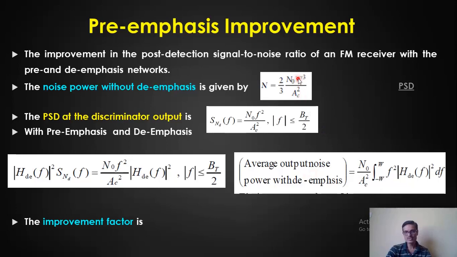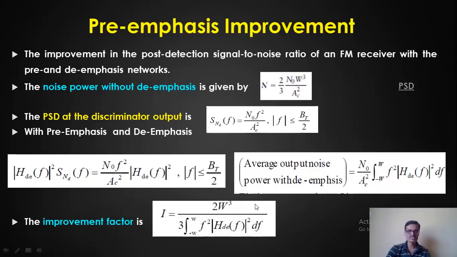Take the ratio of this to this, and I'll get a noise improvement factor: I equals 2W cube by 3 over the integral from minus W to plus W of f square times the square magnitude of the response of the de-emphasis circuit. This is called the improvement factor. Usually there is a large improvement in terms of the ratio.